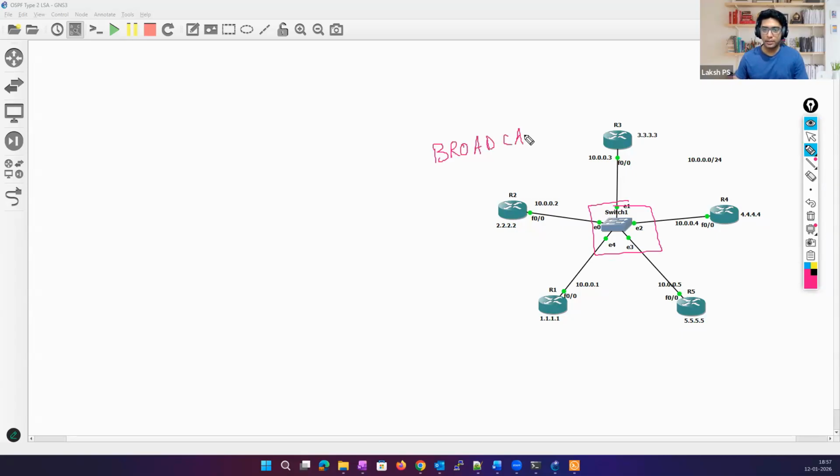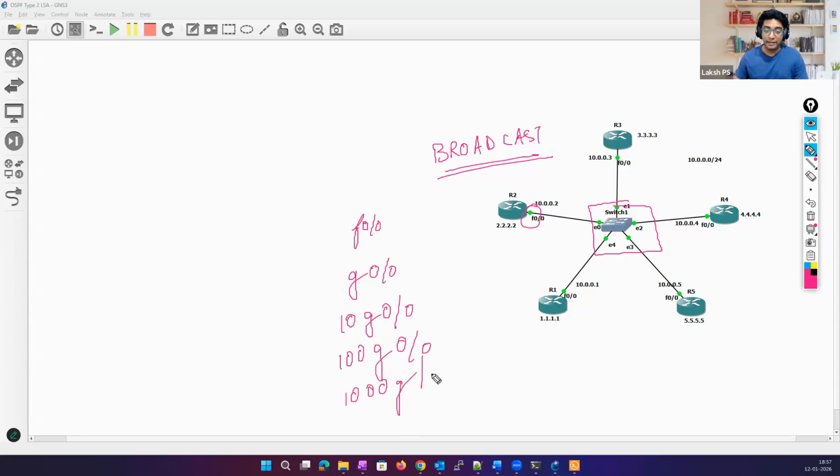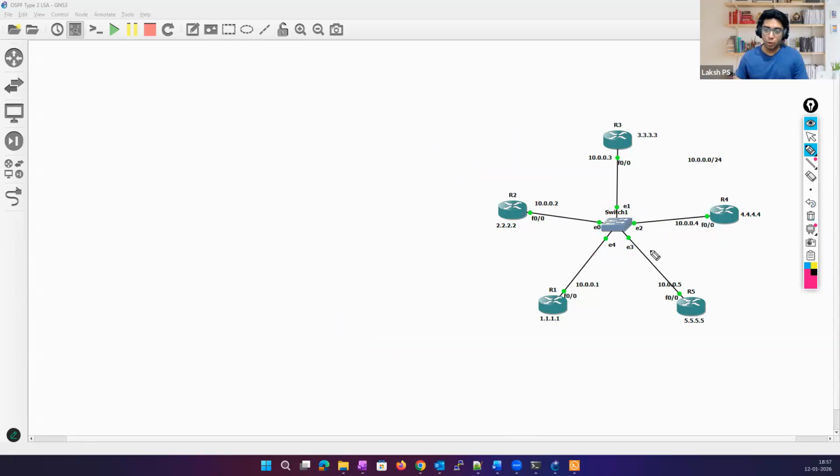We understood in the last class that OSPF considers an Ethernet interface, whether a normal Ethernet interface, a fast Ethernet interface like this, a gigabit Ethernet interface, a 10 gigabit Ethernet interface, a 100 gigabit Ethernet interface, or even a 1000 gigabit Ethernet interface, as a broadcast interface, and we understood why OSPF thinks so.